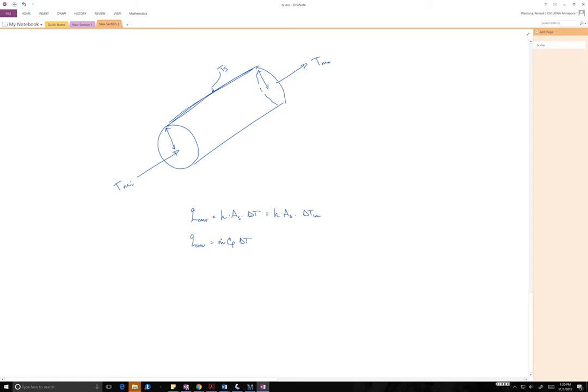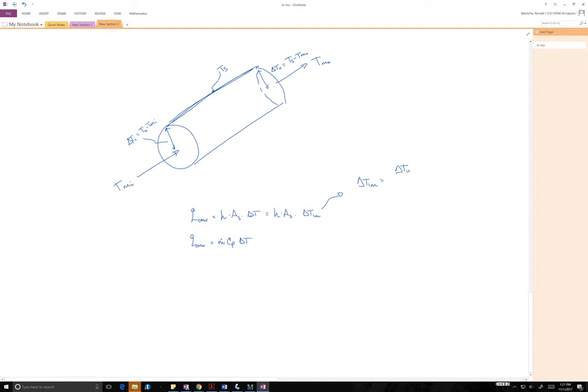Our log mean temperature difference is equal to the delta T at the outlet, which is equal to our surface temperature minus our mean temperature at the outlet, and this is our delta T at the inlet, which is equal to our surface temperature minus our mean temperature at the inlet.